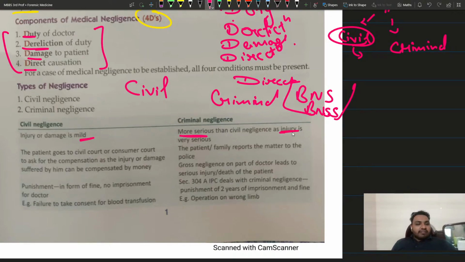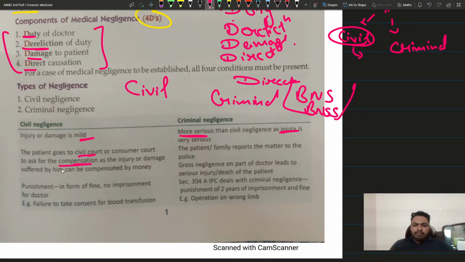In civil negligence, basically, the patient goes to the civil court or the consumer court and asks for compensation, as the injury or damage suffered by him can be compensated by money. The patient says, yes, I have suffered damage, so I should be compensated for it.